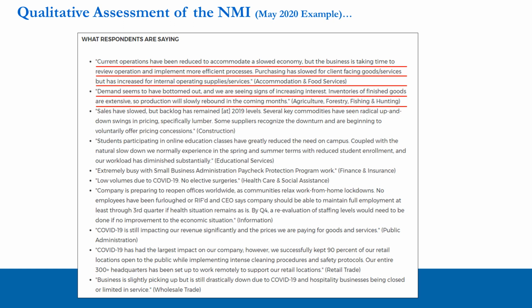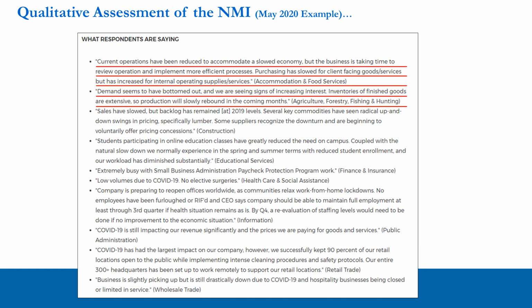If you look at finance and insurance, they're saying extremely busy with small business administration, paycheck protection program. So these were the paycheck protection subsidies that were going out, paid for by the US government at the time. And yes, this is in line with the growth reported on the previous slide. So that's finance and insurance companies servicing that public service.